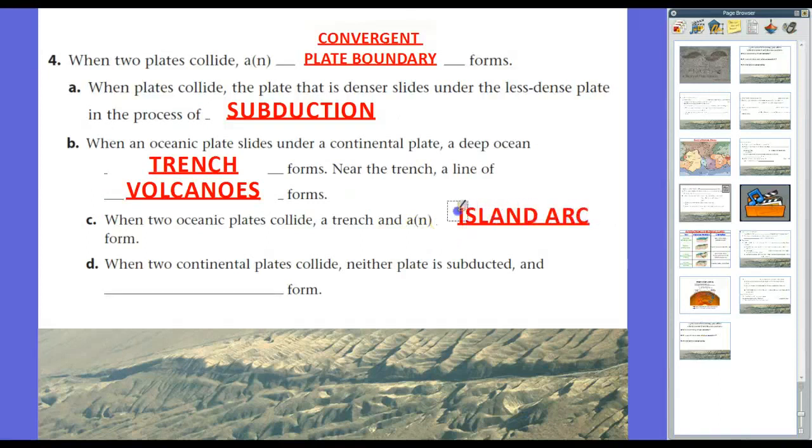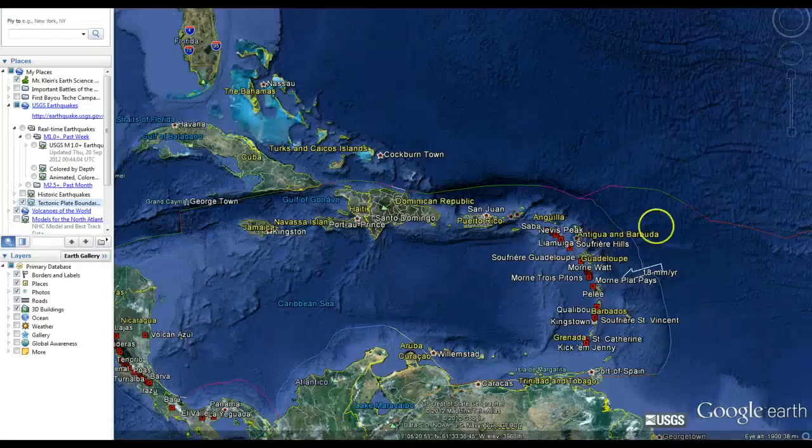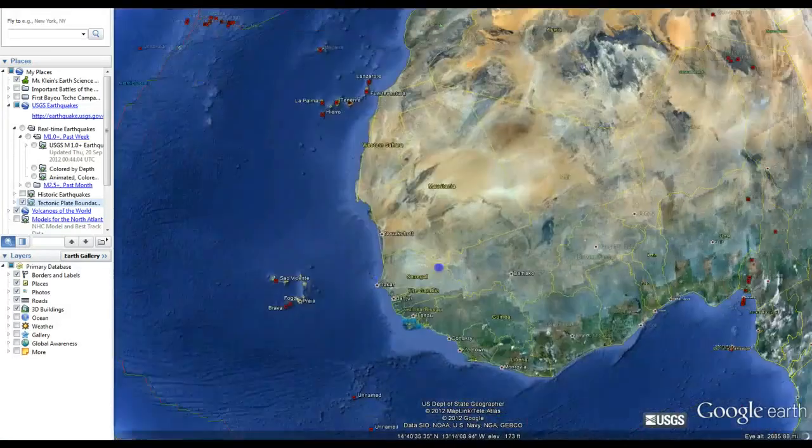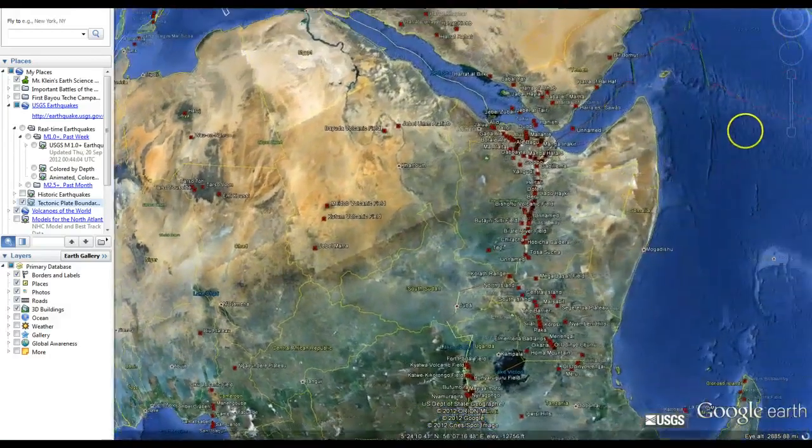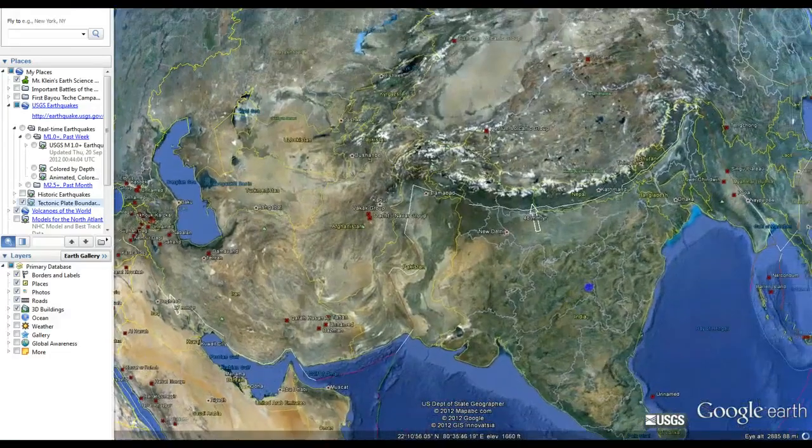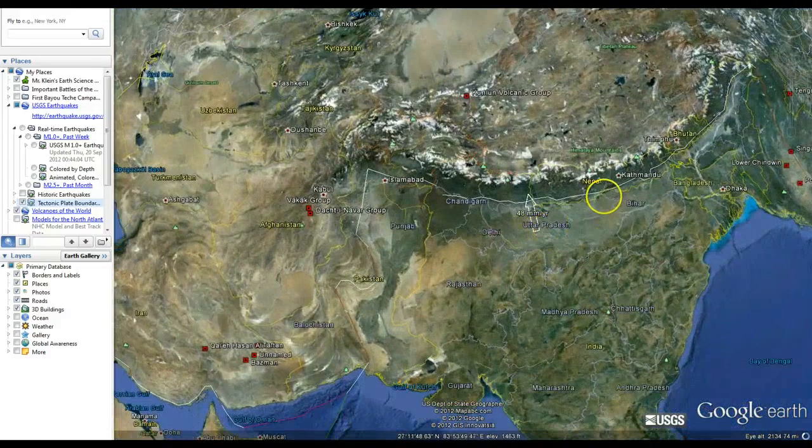Okay, and as you saw, an island arc forms because two oceanic plates collide. Now, when two continental plates collide, neither plate is subducted and mountains form because neither one is appreciably denser than the other one. And the best example we have of that is over here where the Indian subcontinent is colliding with the Eurasian plate at 48 millimeters per year. Okay, and you have the Himalaya mountains forming right here.